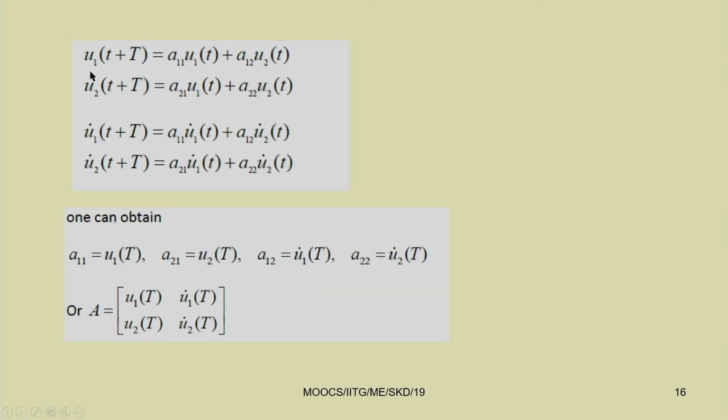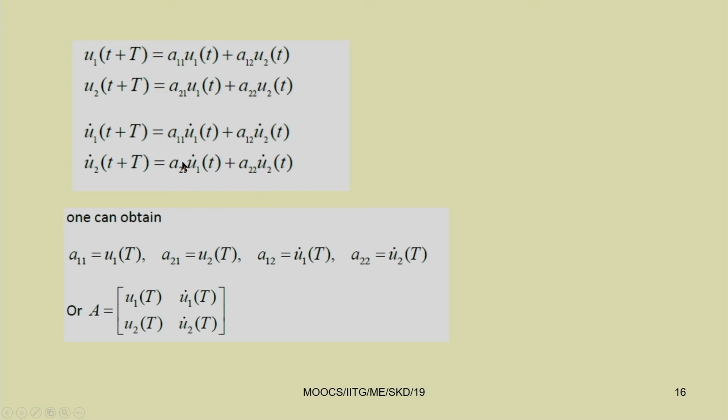So, we can write the solution this way: u1(t plus T) equal to a11 u1(t) plus a12 u2(t), u2(t plus T) equal to a21 u1(t) plus a22 u2(t). Similarly, u1 dot (t plus T) equal to a11 u1 dot (t) plus a12 u2 dot (t), and u2 dot (t plus T) equal to a21 u1 dot (t) plus a22 u2 dot (t). You just see 4 equations, 4 unknowns, so by solving these we can find the coefficients.